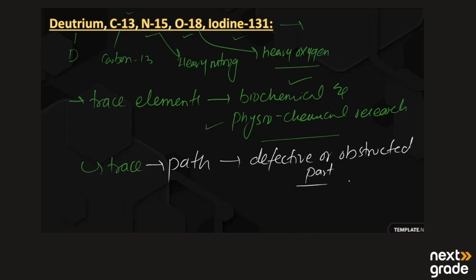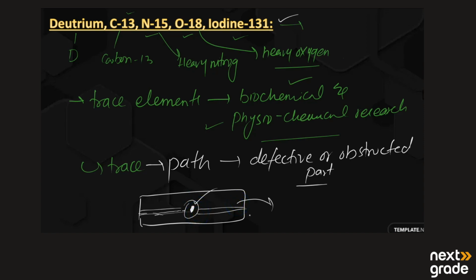For example, if in any part of the body we have an obstruction and there is no right flow of blood there, then we can use any one of these isotopes to find out where the obstruction is. After identifying the obstruction we can easily cure the disease, or we can say that after finding the disease or obstruction, the medical treatment can easily be carried out.